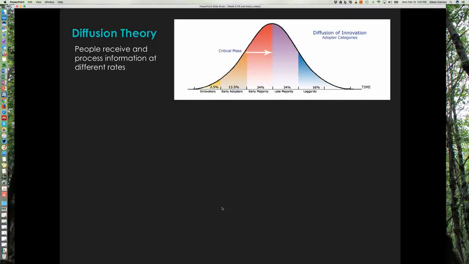A couple more theories to be aware of. This idea of diffusion of innovations, which Smith talks about a little bit in chapter 4, is the idea that people receive and adopt information or new technologies at different rates. If you're talking about an innovation, say the new iPhone back when it was brand new, somebody who was first in line at the Apple Store to purchase it would be considered an innovator.